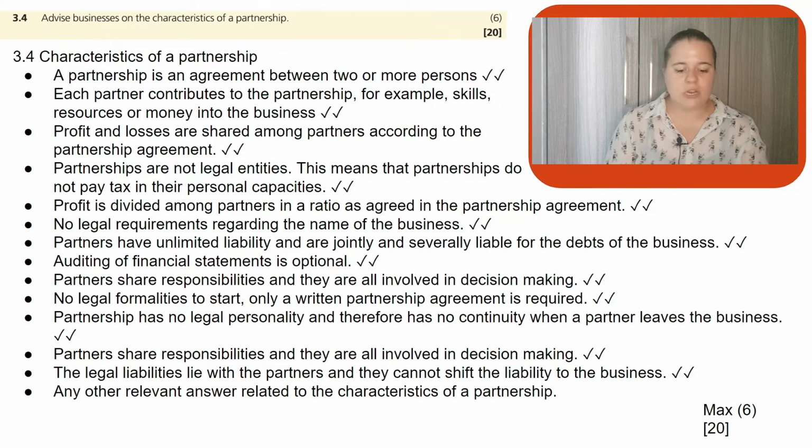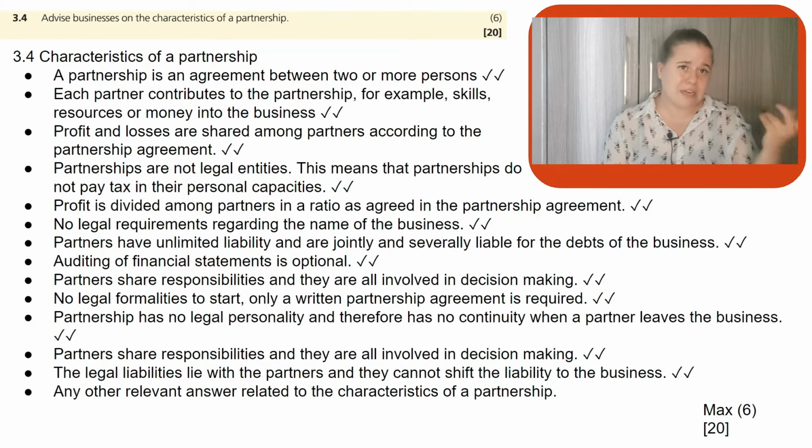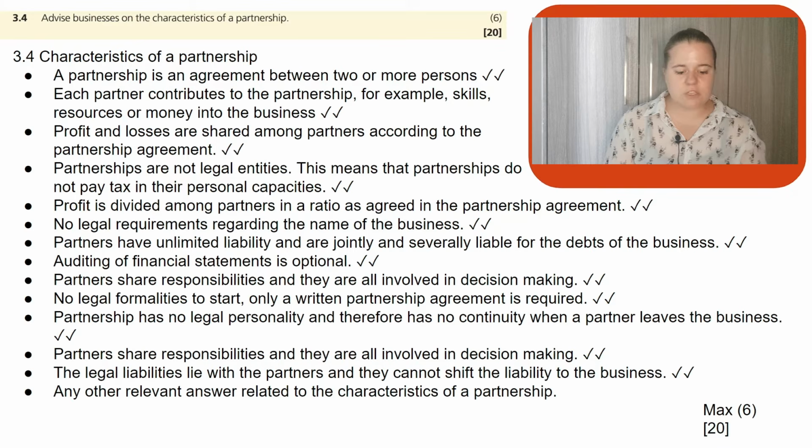Partnerships have no legal personality, therefore there is no continuity when a partner leaves the business. They would have to create a new partnership. The partners share responsibility and are all involved in decision making. That bullet is a repeat, apologies for that. The legal liabilities lie with the partners and they cannot shift the liability of the business. So again, any 3 bullets there, 2 marks each would give you your nice 6 marks.